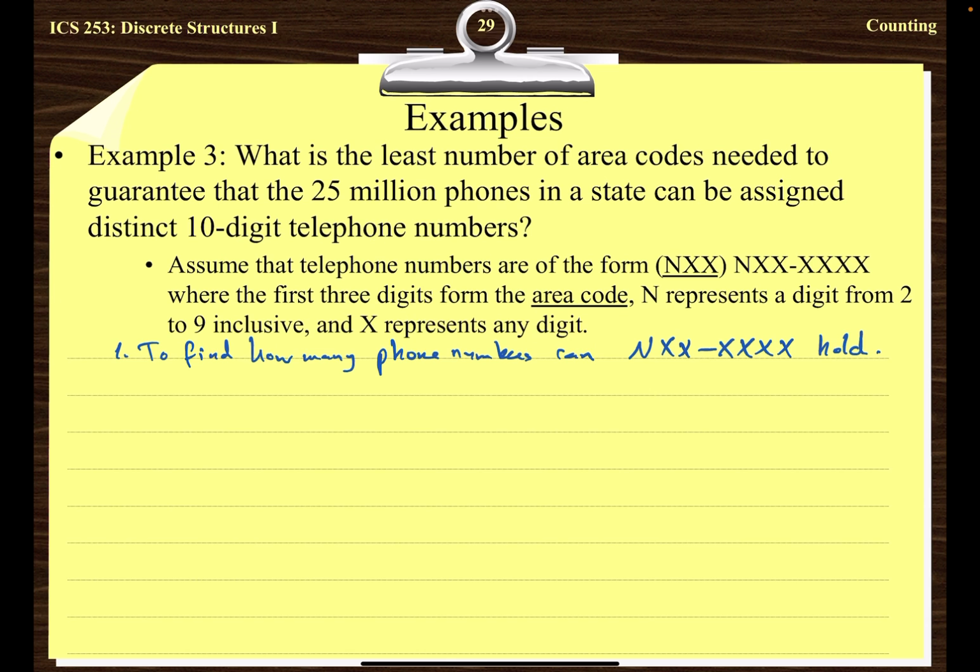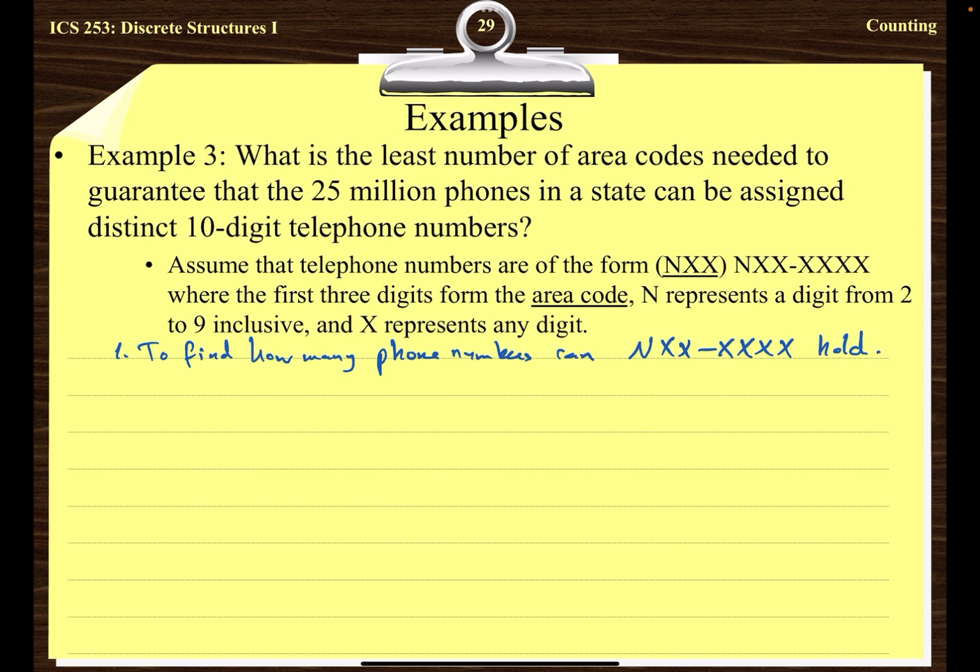In order to differentiate between international or national calling between different area codes and a regular 7-digit number in the same region, they say that the first digit of the area code and the first digit of the 7-digit number cannot be 0 or 1. It can be anything between 2 and 9, while X is basically anything between 0 and 9.